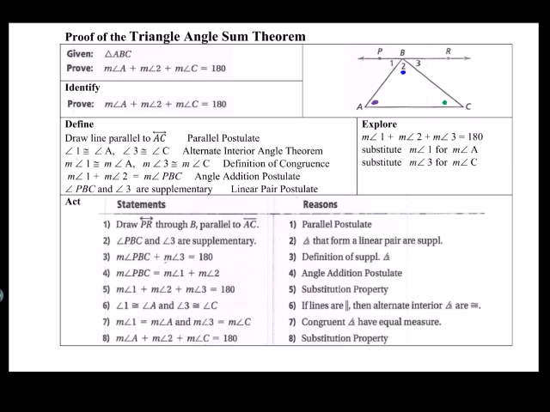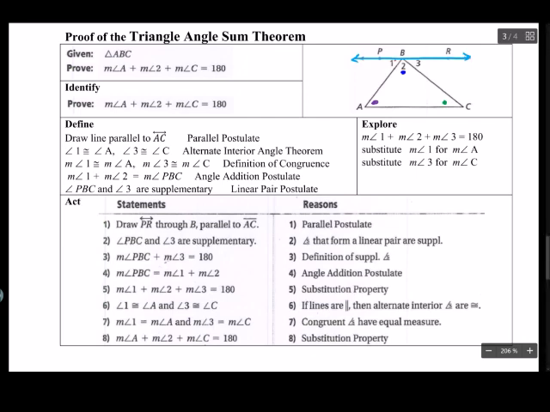So what lets us do that? Well, this is one of those times where we are going to draw an auxiliary line because we need something that sums to 180. We need some angles that sum to 180. So if I draw this auxiliary line here, then I now have a straight angle.